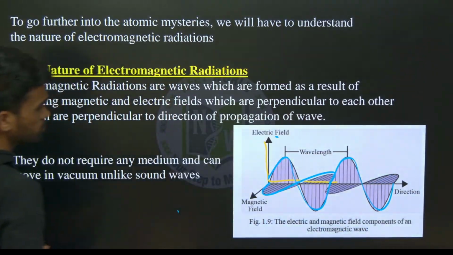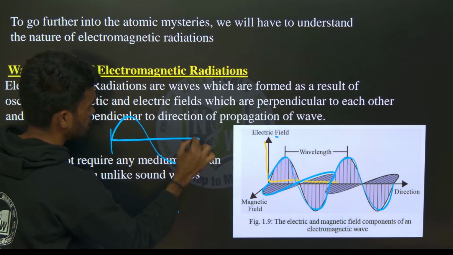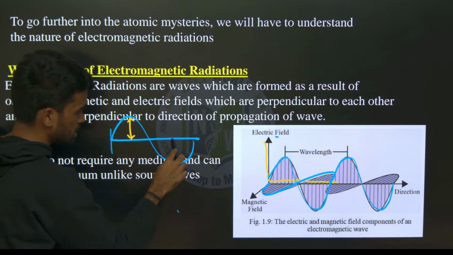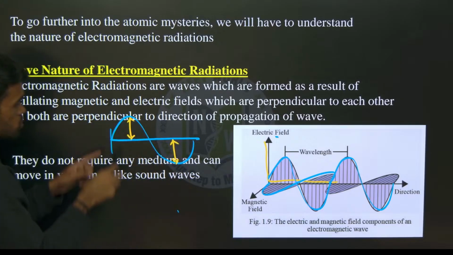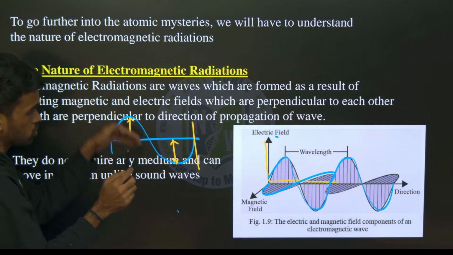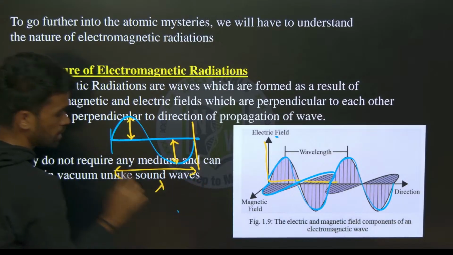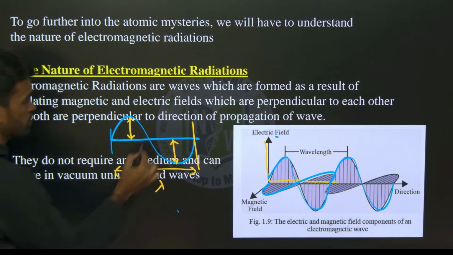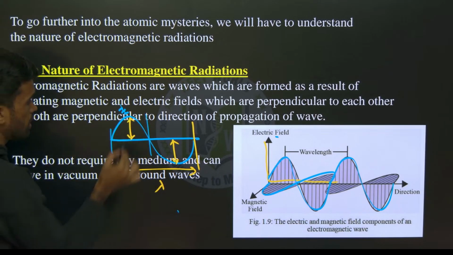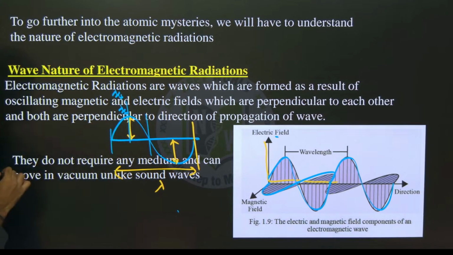If I say a wave is there like this, this height we call amplitude, or this depth also amplitude. Now one cycle is considered like this, a complete wave. The complete wave we indicate with the symbol lambda, the wavelength. If I draw only up to here, you can say lambda by 2, or up to here, lambda by 4.